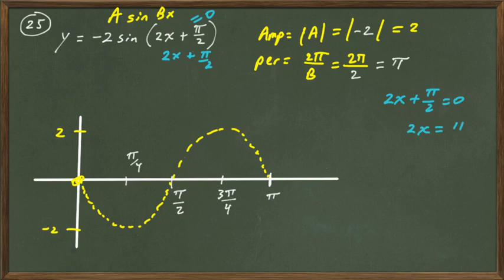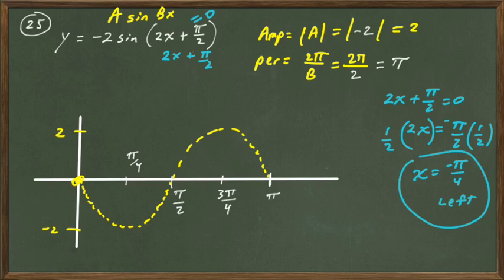Subtract pi over 2, and it would be a negative. Multiply by 1/2, and that gives me x equaling negative pi over 4. Because it's negative, you're shifting it to the left. So I need everything to move to the left pi over 4.